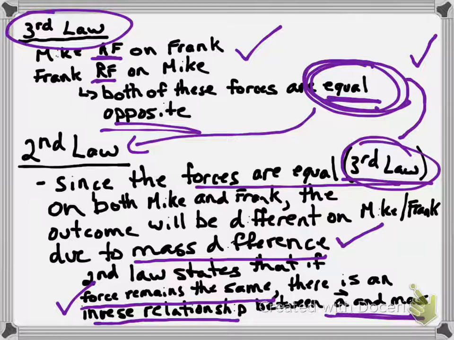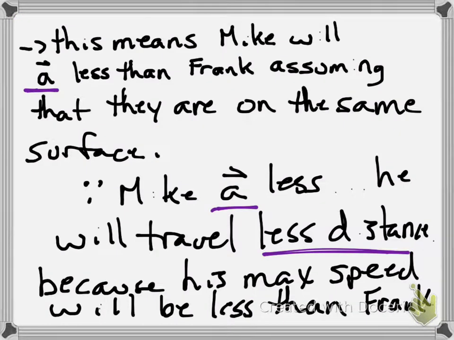And again, the only reason you can say that is because you've stated that they are equal. And then the last mark is really just coming from, and I know I've written a lot here, but really just kind of summarizing less acceleration. Because Mike has less acceleration, he's just not going to travel as far as Frank because of that mass difference.